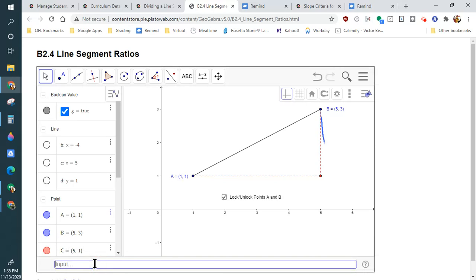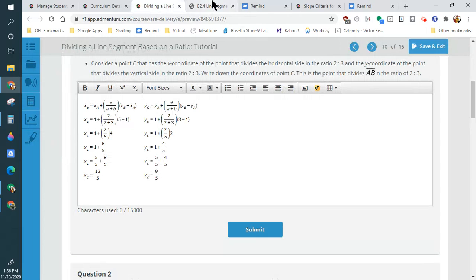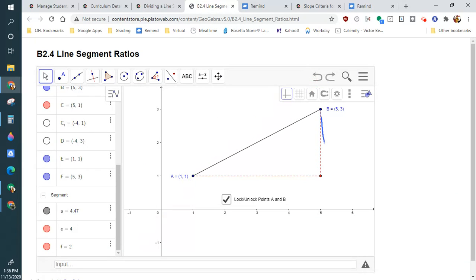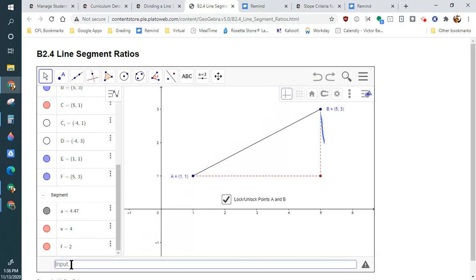I'm worried I might not have them back. So I'm going to make a line x equals 13 over 5. I'm going to do x equals 13 divided by 5. So I have my line there.